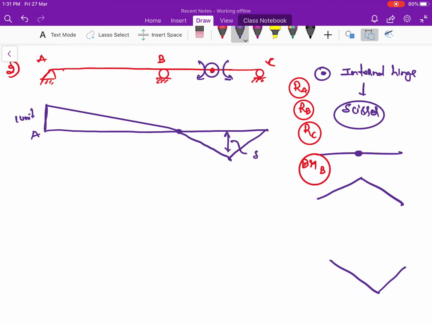Okay, next, reaction at point B. How will you find the reaction at point B? Very simple. Same thing. At point B, I am going to apply 1 unit load. And it comes to be like this. This is the thing what you already know. But I'll just rub it off.